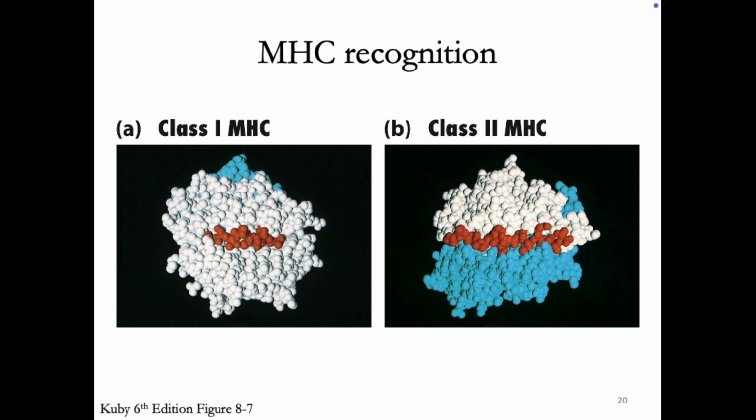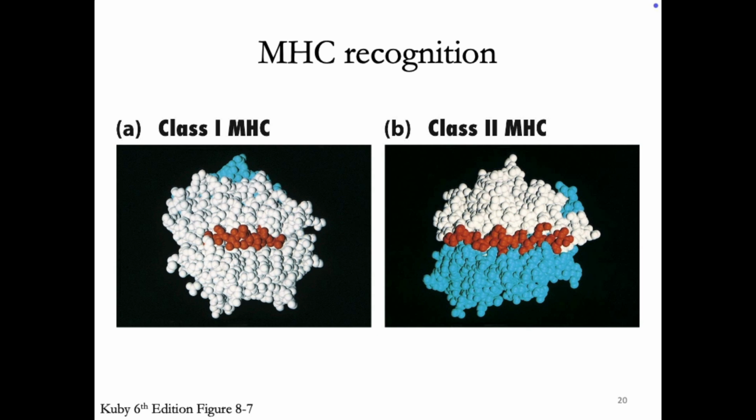And so if you look at this and you were to imagine this as a T cell who is colorblind, you would see that this is really one big surface of a protein. It's not like an easy thing to think of two different checkboxes of what's going on with the peptide, what's going on with the MHC.